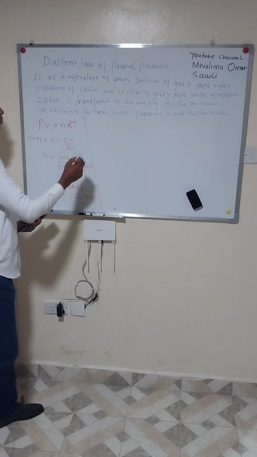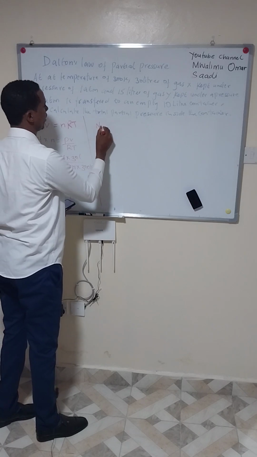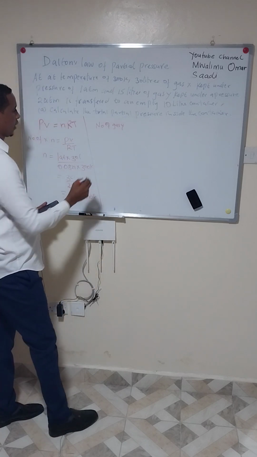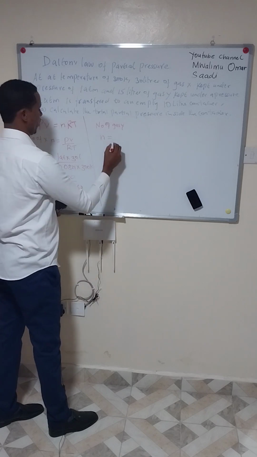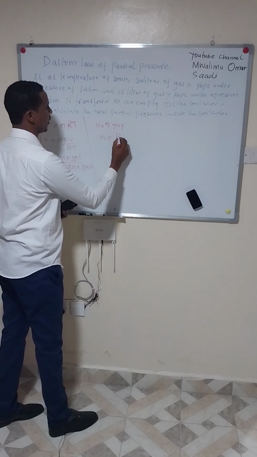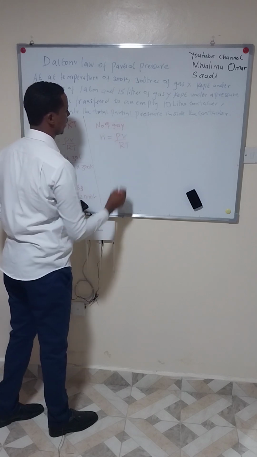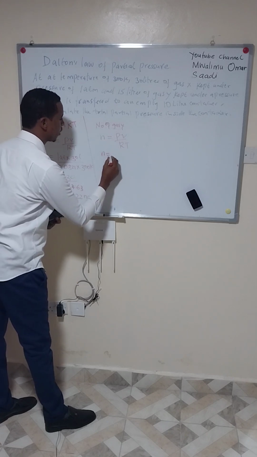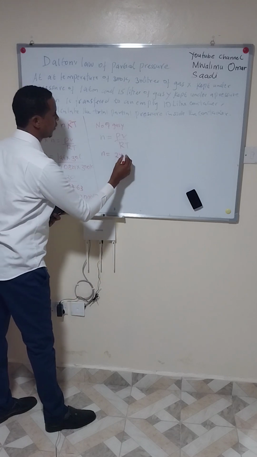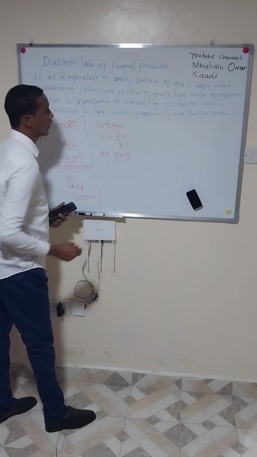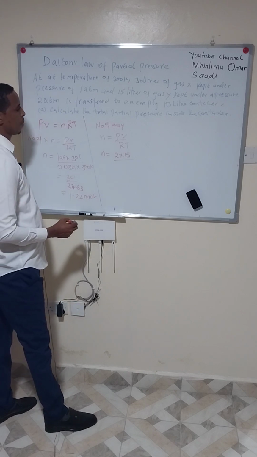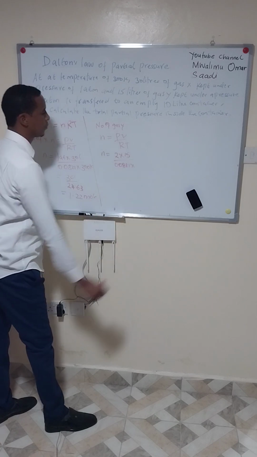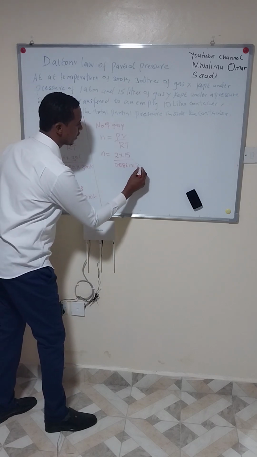So gas Y, number of moles of gas Y will have n is equal to PV over RT. So our P of gas Y is 2 atmospheres, so n will be 2 times V, which is 15 liters, all over our R, which is 0.0821, then times temperature, which is 300.